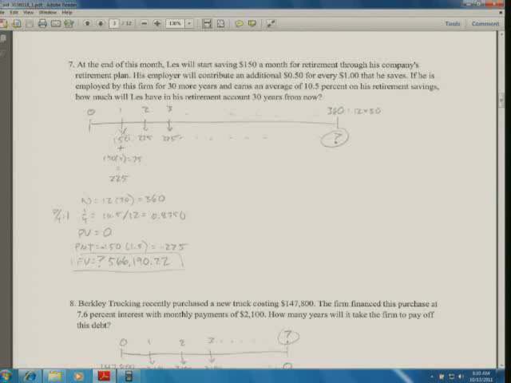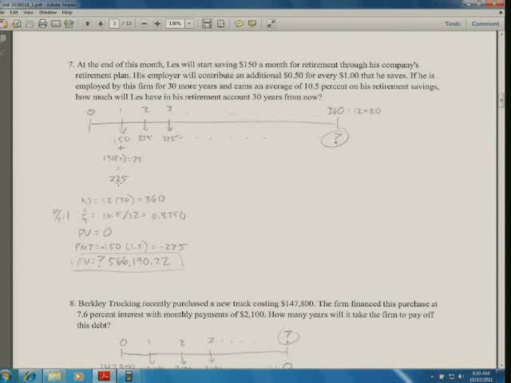He deposits $150, and his employer gives him 50 cents for every dollar that he puts in. So the way we would calculate that is to say the 150 that he put in times 0.5, they're giving him half again as much, is another $75. So the 150 that he put in plus the $75 that his employer gave him equals a total payment of $225.